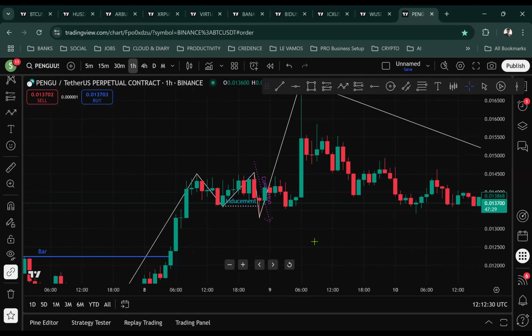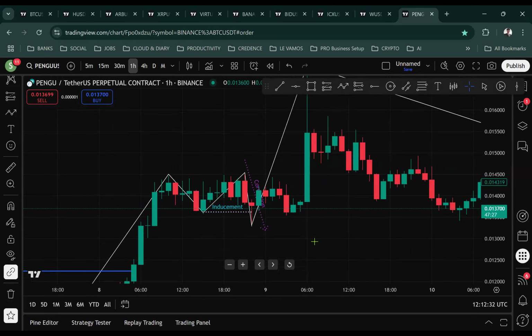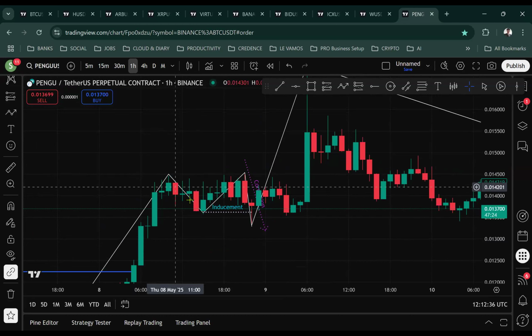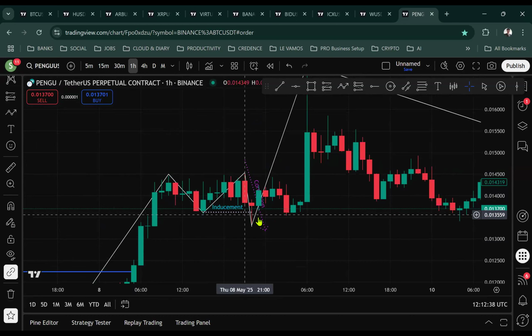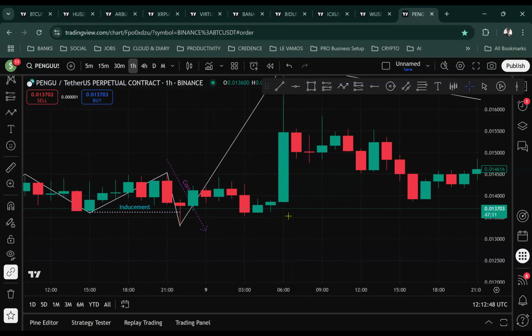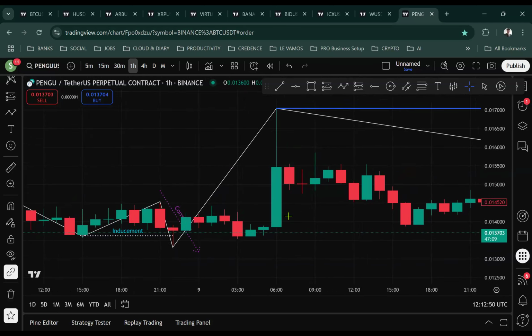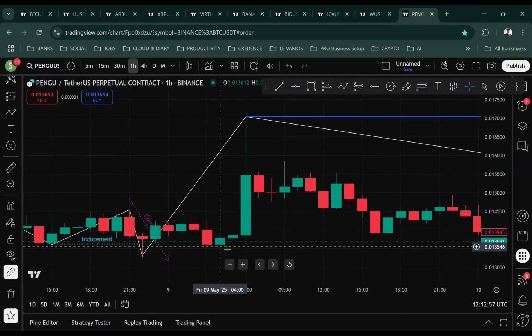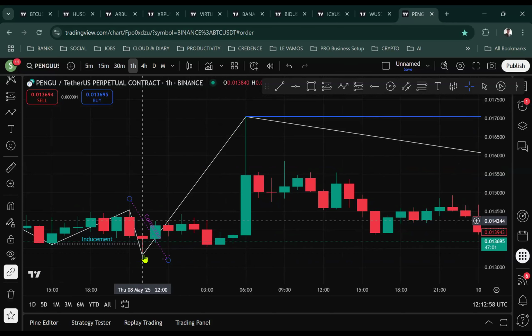So now this is the next first point again. I put one inducement and one correction. Is this correct? This is the correction. And the next impulse starts from here, but this is the lowest point.